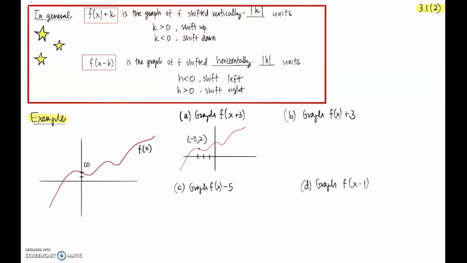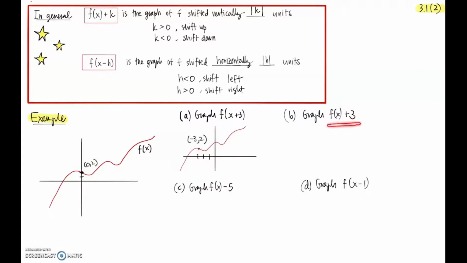So this point (0, 2) right here got moved to (-3, 2). Everything got shifted left 3 units, but this is the one point that we definitely know here. To shift left 3 units, we shift the x-coordinate to the left 3 units, and that's where we get the negative 3 from. The y-coordinate didn't change because this graph here didn't go up or down at all. It just shifted to the left 3 units.